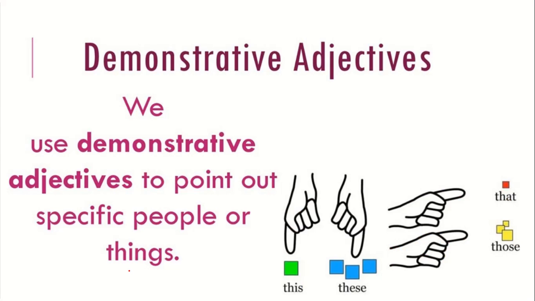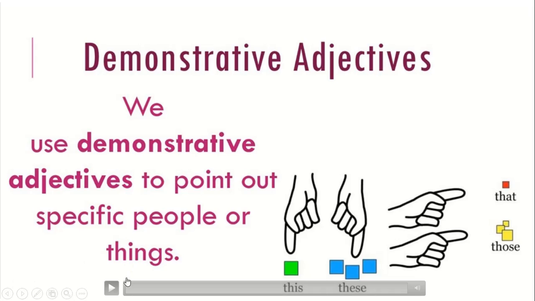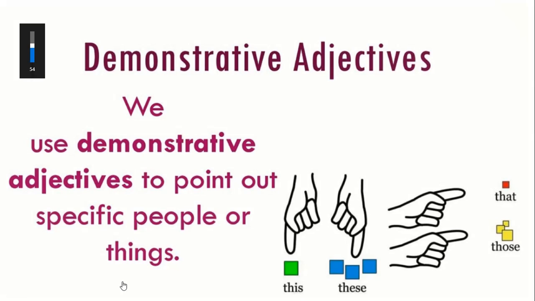Okay, so let's move on to the fourth kind of adjective, which is demonstrative adjectives. We generally use demonstrative adjectives to point out specific people or things. So a demonstrative adjective is used to point out some person or thing.